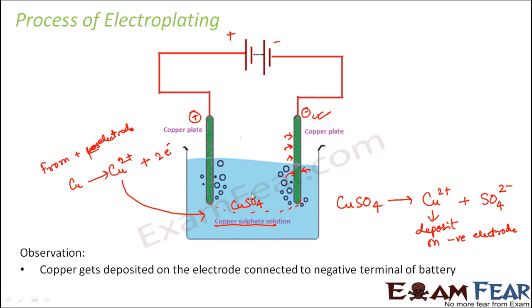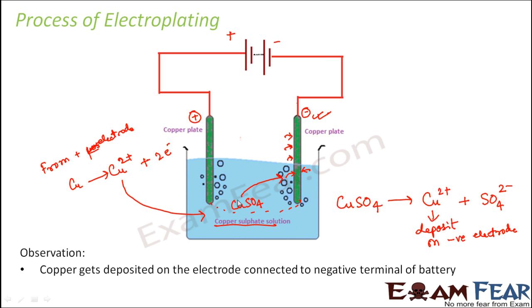the copper sulfate solution. So basically what is happening is, from the copper sulfate solution, the copper ions are going into the negative electrode and copper ions are coming from the positive electrode, and that is how the copper sulfate solution is being balanced. So basically copper sulfate solution is always there, just that copper ions are going from solution to negative electrode and copper ions are coming from positive electrode to the copper sulfate solution.